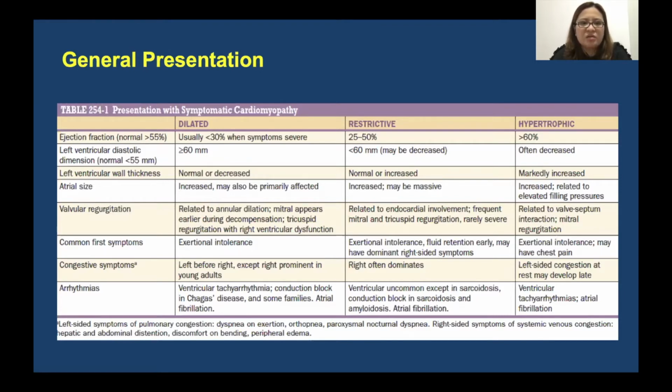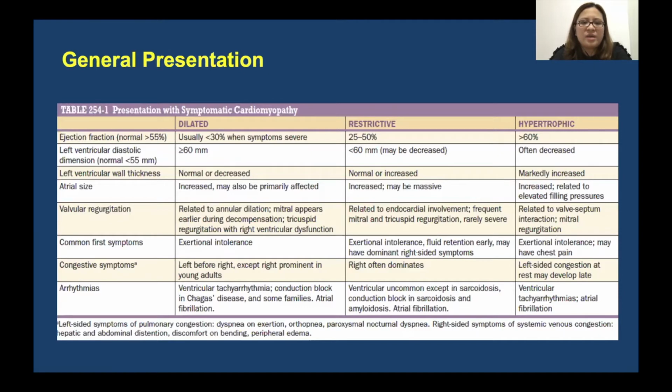In young adults with dilated cardiomyopathy, there could be a prominent right-sided heart failure before the left. In restrictive, right often dominates, while in hypertrophic, it is usually left-sided congestion.